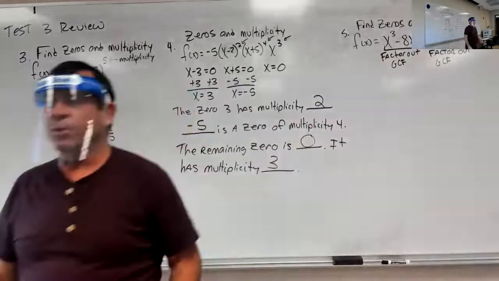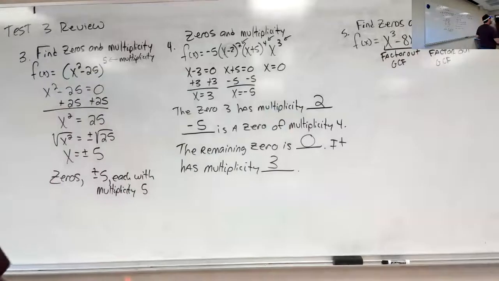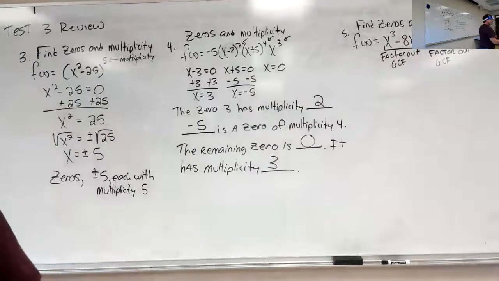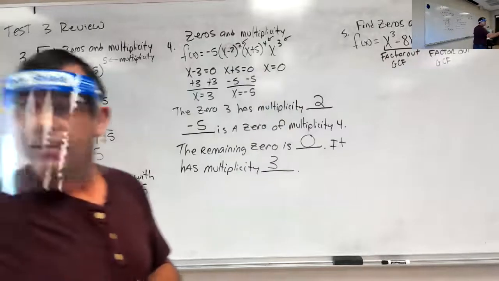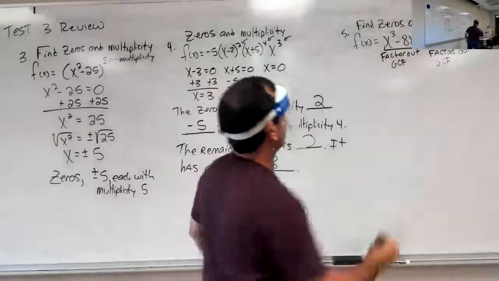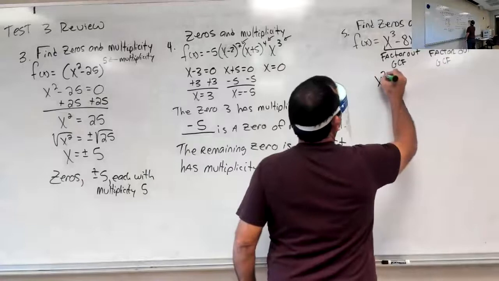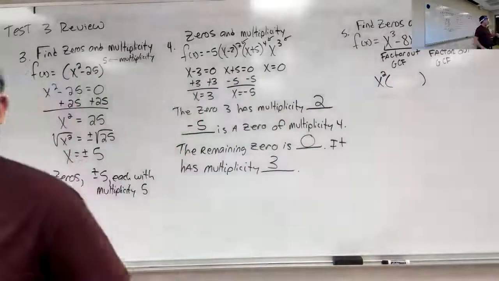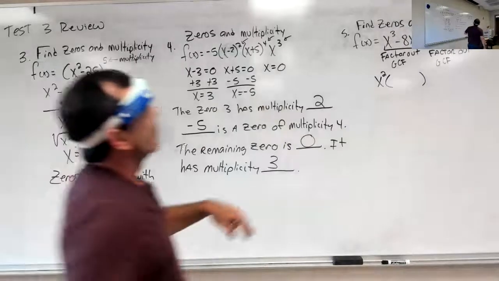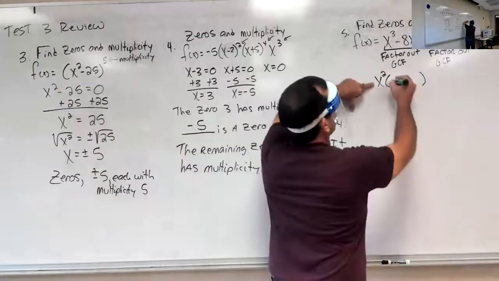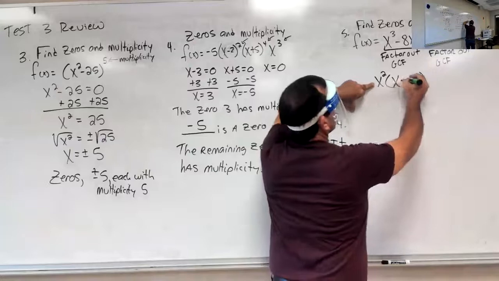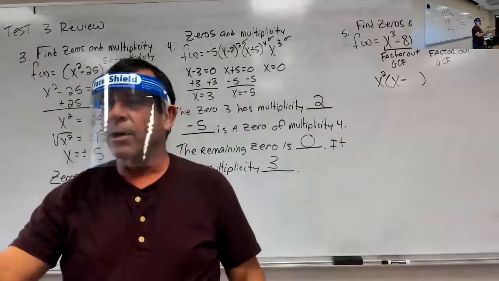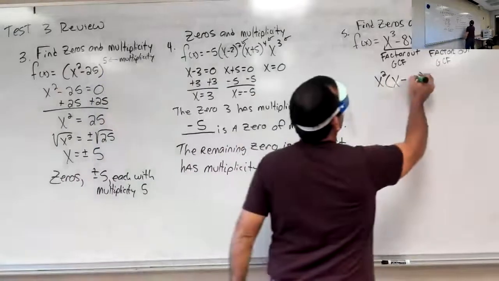So the first 2 terms, you got an x to the 3rd and a negative 8x squared. The largest factor they got in common is x squared. There you go. So you're going to put the x squared, and in the parentheses, you put what you get when you divide everybody by the x squared. Well, the x to the 3rd divided by x squared is going to leave you an x. And then if you take the negative 8x squared divided by the x squared, all that's left is the negative 8.